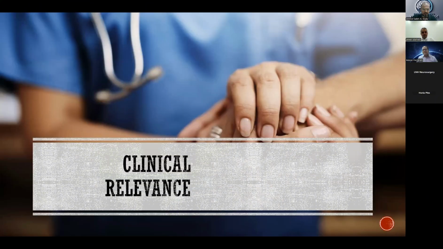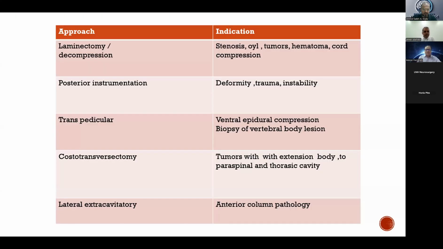I'll start with the clinical relevance of the topic. I'll give examples of the cases where this anatomy and the procedure will be useful. All of us know that there are five common approaches done posteriorly for thoracic spine disease.